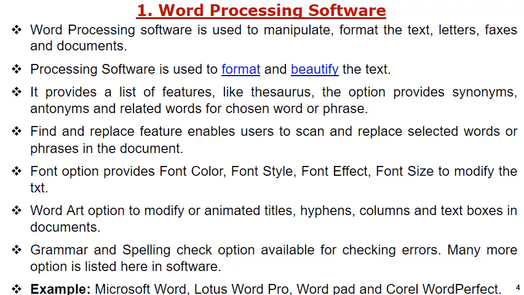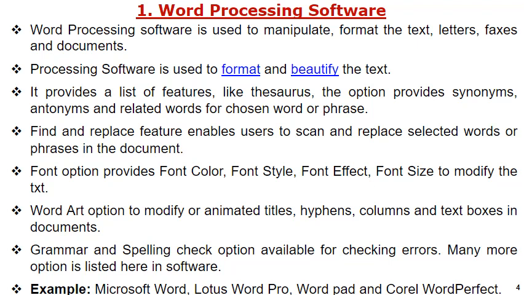Whenever you type some word, it will tell you that this is not a suitable word, so you can select a synonym or antonym of that word by using this thesaurus option. The next interesting feature is called find and replace. You can find a word among thousands of words, or you can change or replace the word by using the find and replace options.